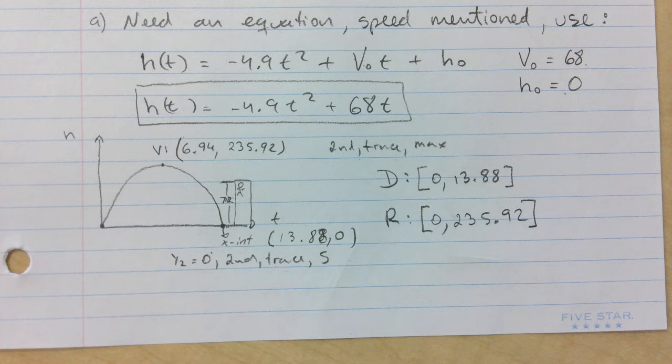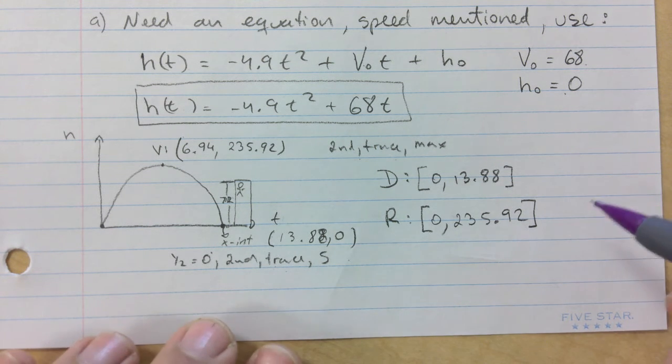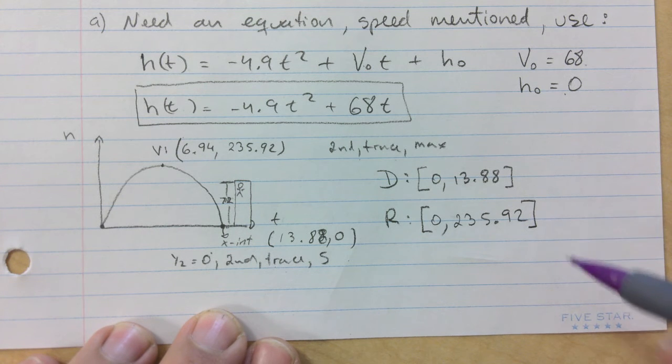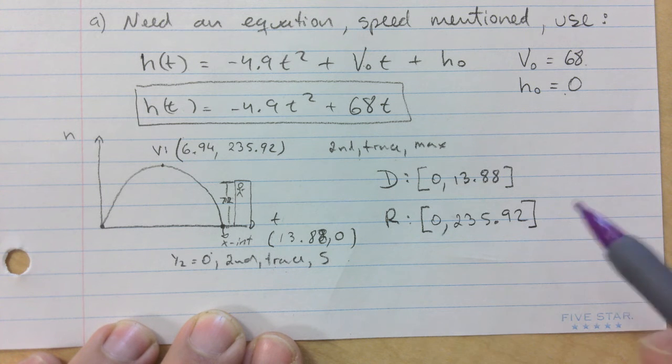It takes maybe 3-4 seconds, and then you're done, and you don't risk losing marks for that. I'd like to see it whenever possible, or whenever needed, actually. Whenever you're using your calculator to find a point, somewhere around it, put your keystrokes. All right, so that's determine the domain and range.